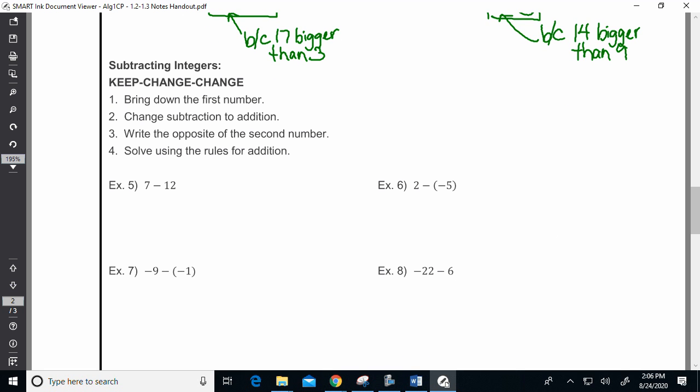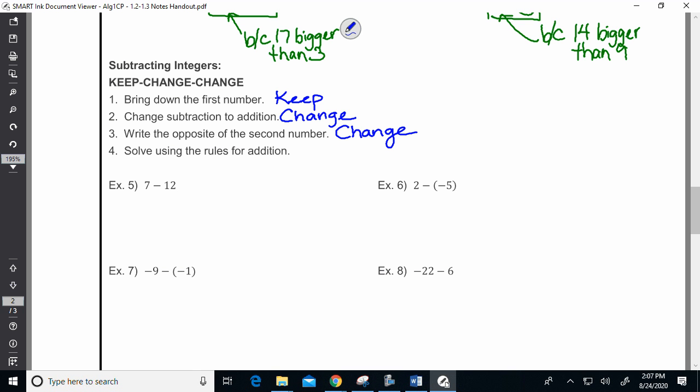Let's go to subtraction. Anybody in here remember keep, change from 5th, 6th, 7th, 8th grade? Your teacher used keep, change. They may have called it something different, but it pretty much falls in the same category. So when you subtract, you keep the first number, change subtraction to addition, and change the second number to its opposite.